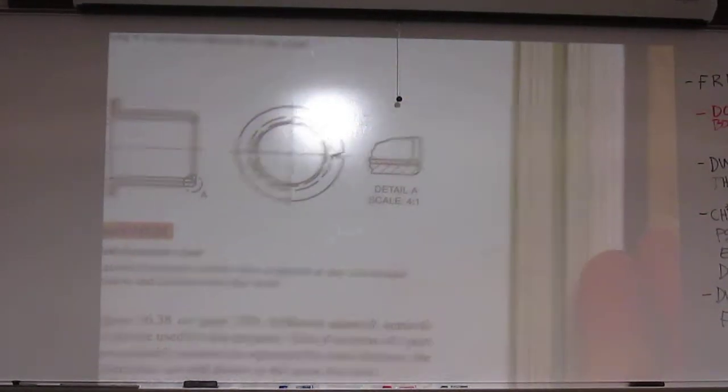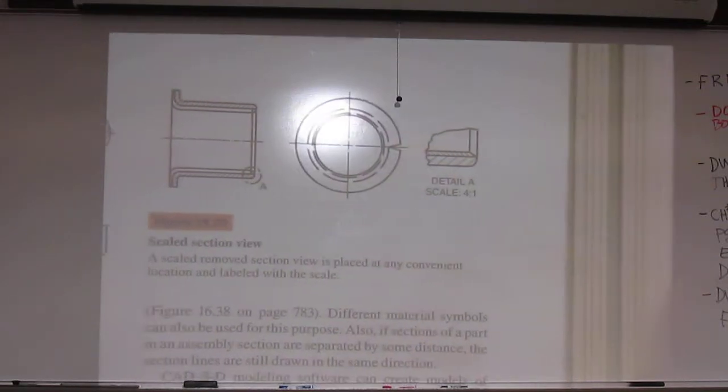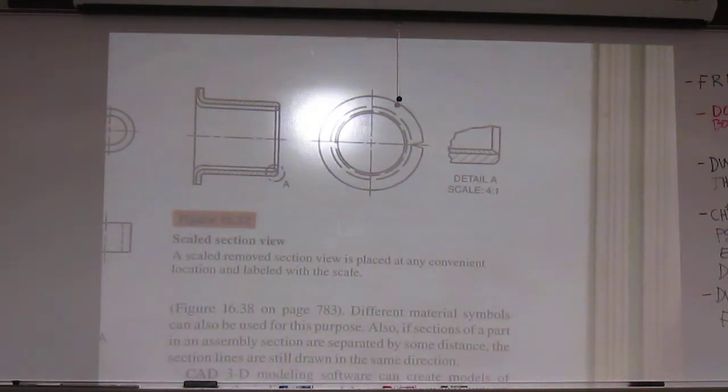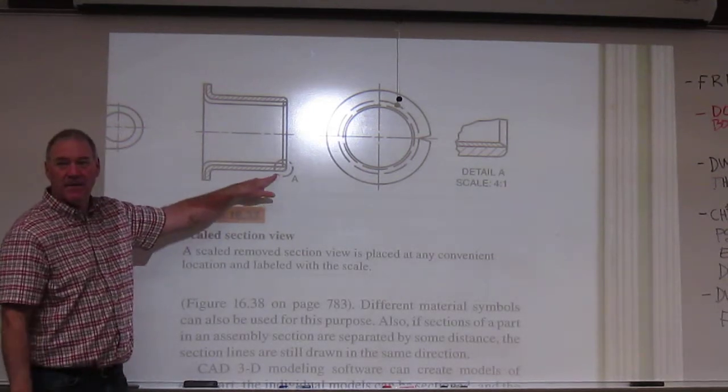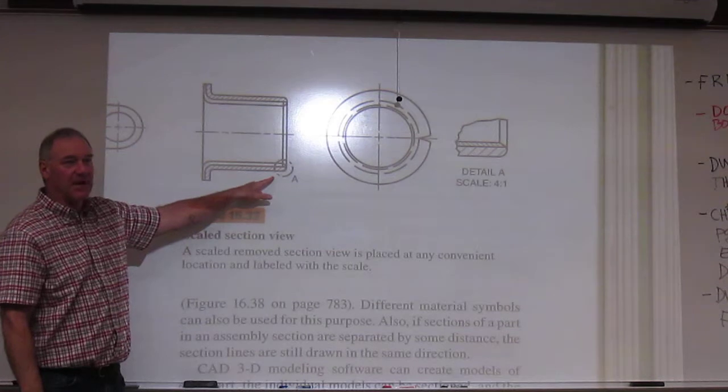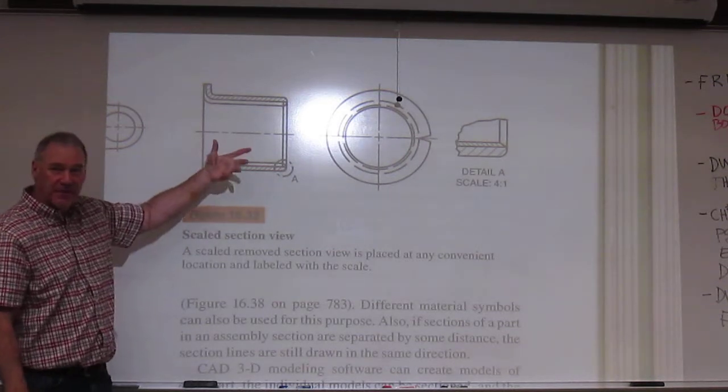There is one more example here, and I just want to point this one out on figure 16-32. What's this one? Still a removed section. Make it bigger. Okay, but now they have technically also brought in the removed convention. So here, they're using a different cutting plane line, right? Now we've got the circular shape because we're not really cutting the object and doing a rotation on it.